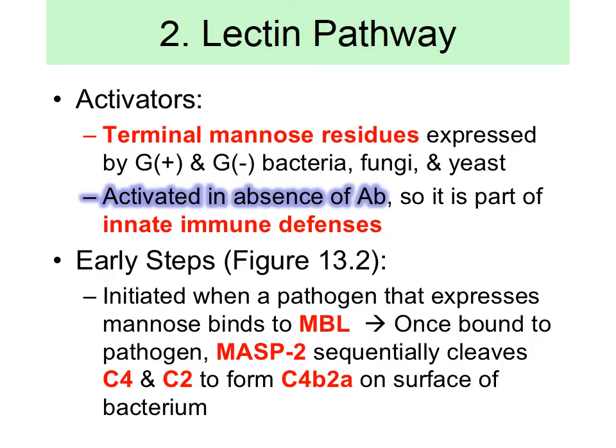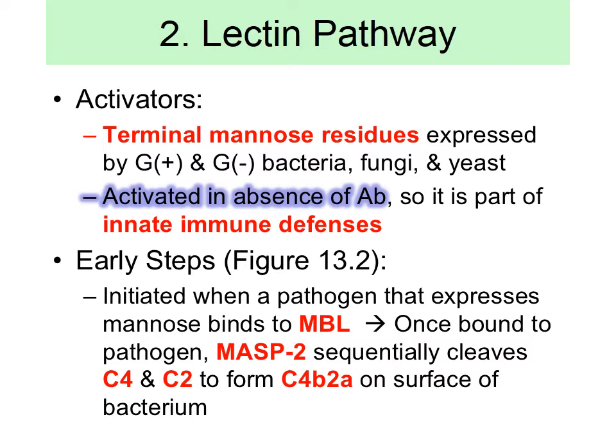If you look at the lectin pathway, an important question is how is the lectin pathway activated? One thing you have to keep in mind is that there are terminal mannose residues. These are expressed by both gram-positive and gram-negative bacteria, also fungi and yeast. And these are activated in the absence of antibodies, so it's a part of innate immune defense.